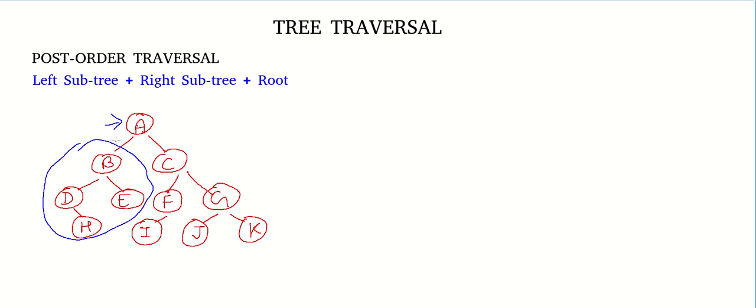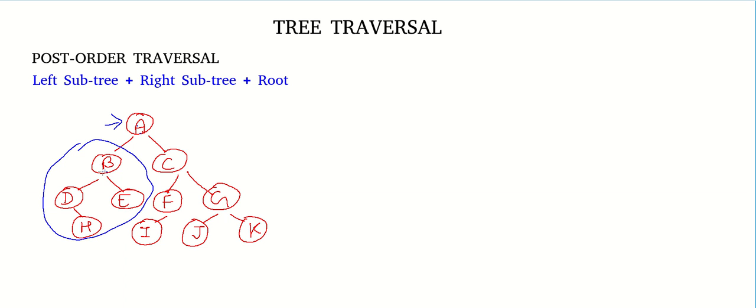This is the left subtree, so first we will consider this. So we are at B now. We haven't traversed A yet because that will be traversed afterwards, after the right subtree is over. So we are here now. We need to apply this formula or algorithm again.